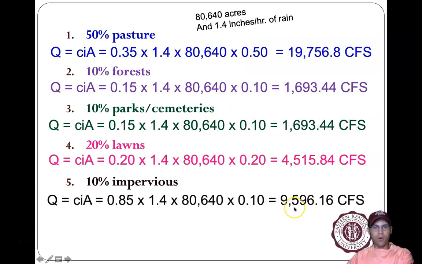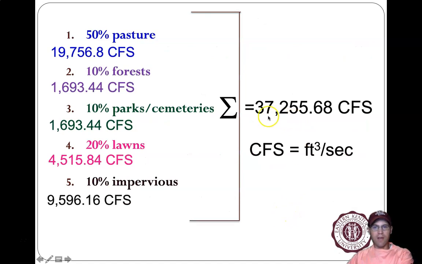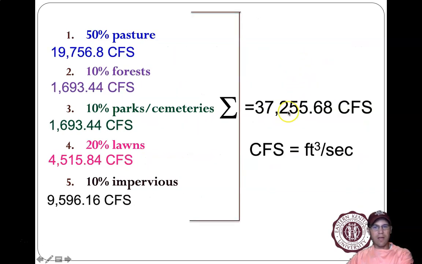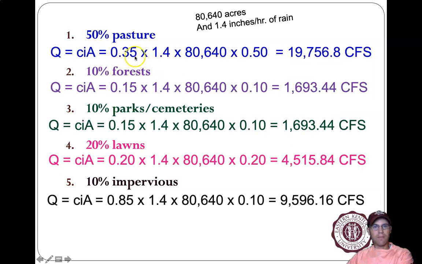One thing it's important to note from this exercise is impervious only made up 10% of the watershed area, but of that 37,000, it actually made up probably about a quarter of the actual runoff. And pasture land represented about half of the area, and it represents about half of the runoff.